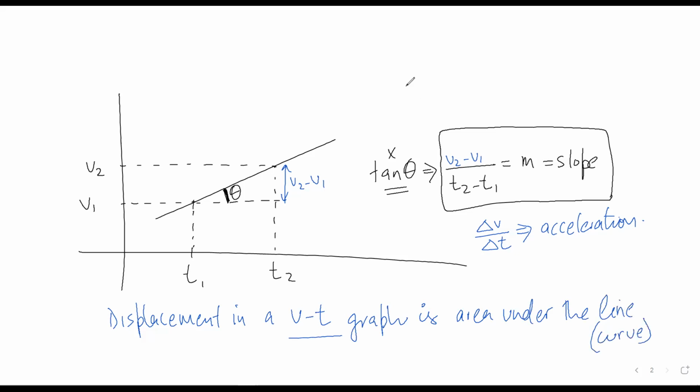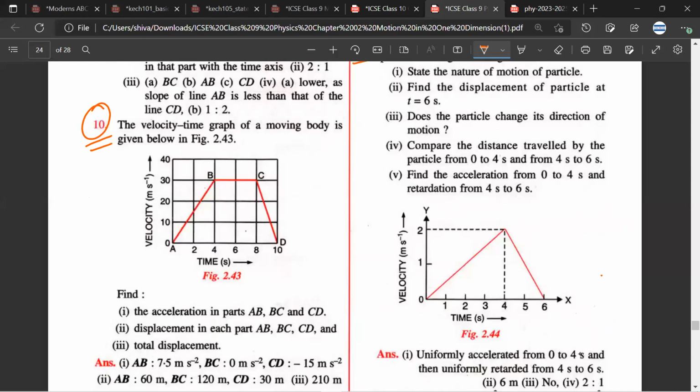Yes, sir. So let me explain this with the help of this example only, this question. We have this velocity time graph, and they want us to calculate the acceleration in part AB, BC, and CD.